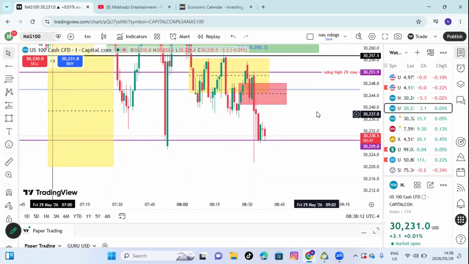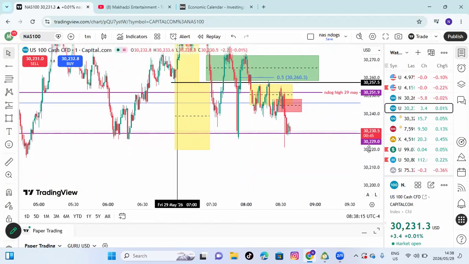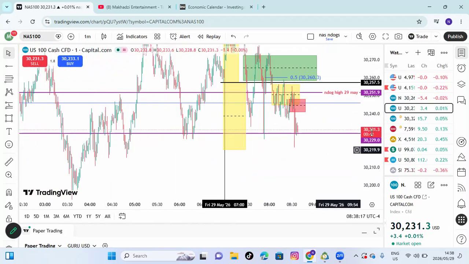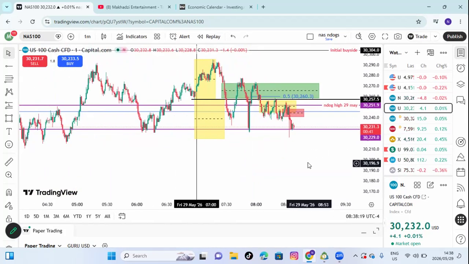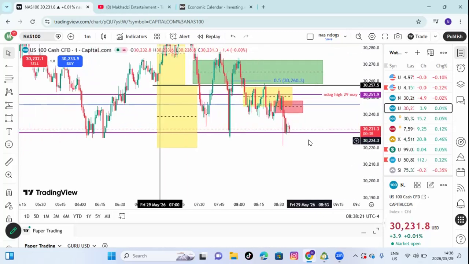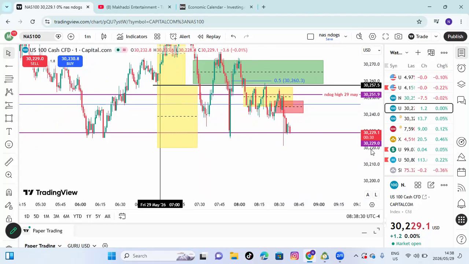Okay, now let's see. So what's nice about trading the funded account is during the pre-market time, you can use the lot size 0.1, let's say you're trading NASDAQ, but this is just for educational purposes.